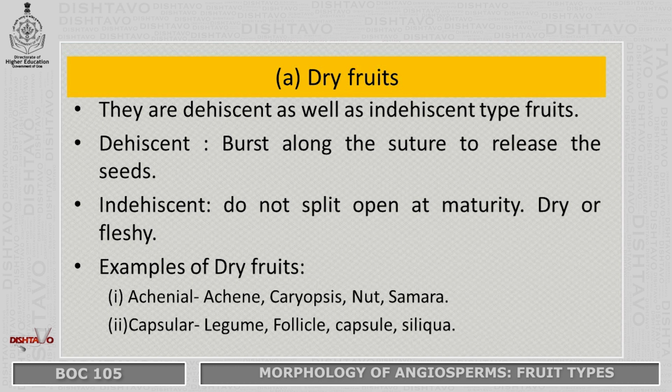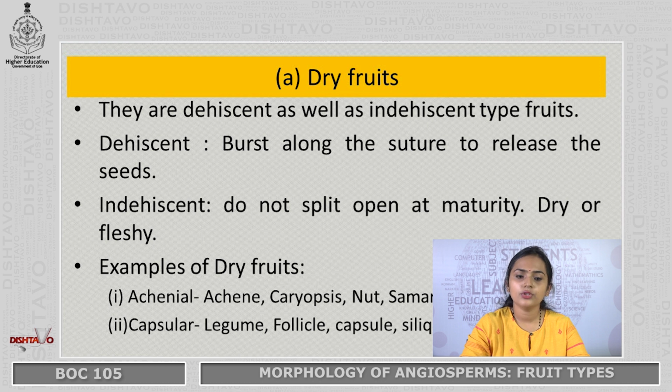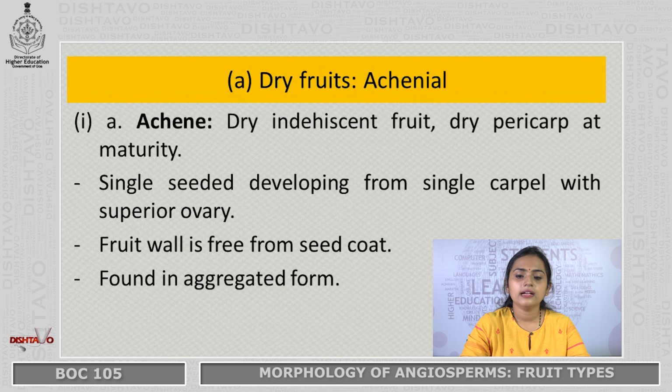The first category is dry achenial fruit and the second category is dry capsular fruit. Under achenial, we have the four important ones, that is achene, caryopsis, nut and samara. Under capsular, we have legume, follicle, capsule and siliqua.